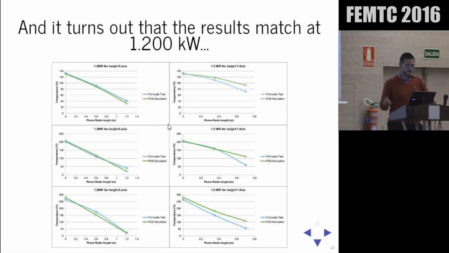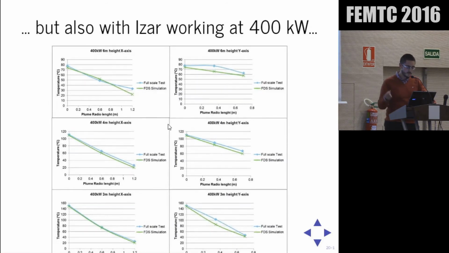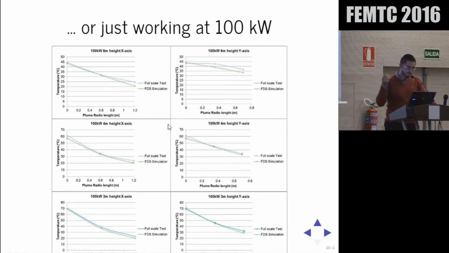And it works for 1.2 kilowatt, that's the highest power. It also works for 400 kilowatts, and it works also for the 100 kilowatt, that's one of the lower working ratios of the system.